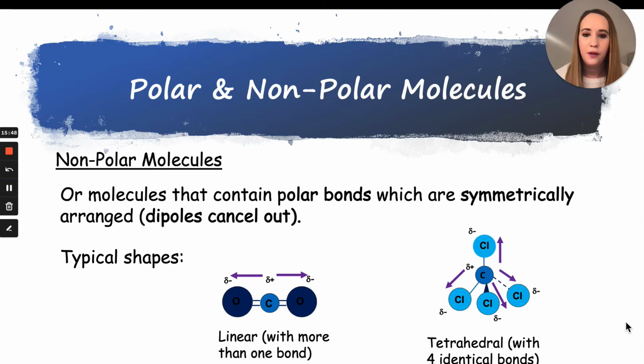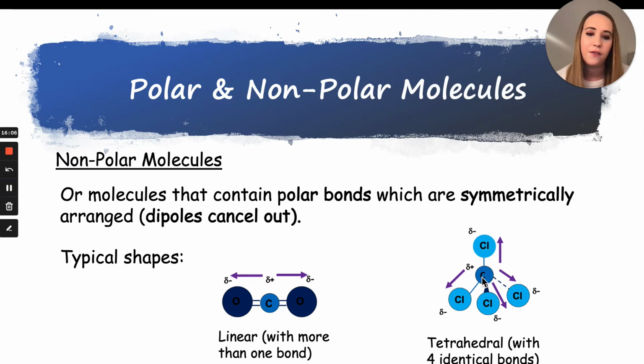Also, tetrahedral molecules, the four bonds shape that we know from National 5. If you have a tetrahedral molecule with four identical bonds, then again that's a symmetrical shape.